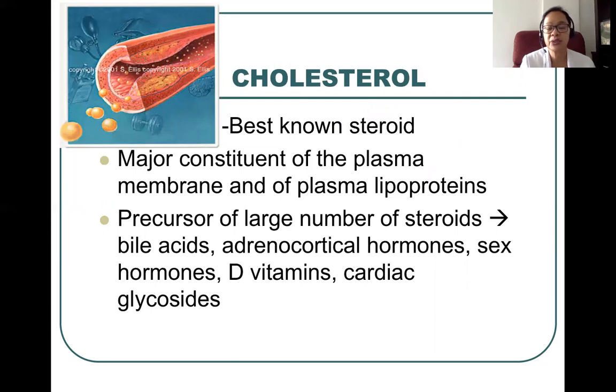They are a major constituent of the plasma membrane and of plasma proteins. And they are precursors of a large number of steroids, like your bile acids, adrenocortical hormones, some sex hormones, vitamins A and D, and some of your cardiac glycosides. So triglycerides and cholesterol will be mentioned in our future lectures.